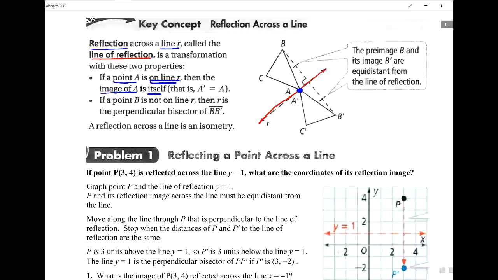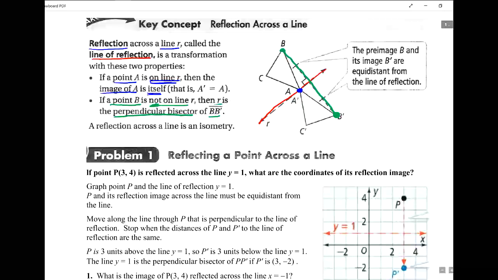Okay, that's easy enough to imagine there. This is the important one here. Point B, which is not on line R, then line R is the perpendicular bisector of segment B B prime. We're taking B and flipping it across our line of reflection, and it ends up over here.